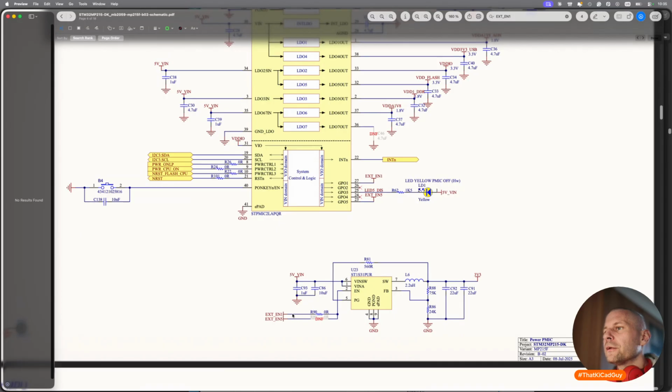N5 is not connected, just enable 1. And this is like, let 5 this. Disable display, I don't know. Probably disable, because let yellow PMIC off. Okay. So label X1 enable.